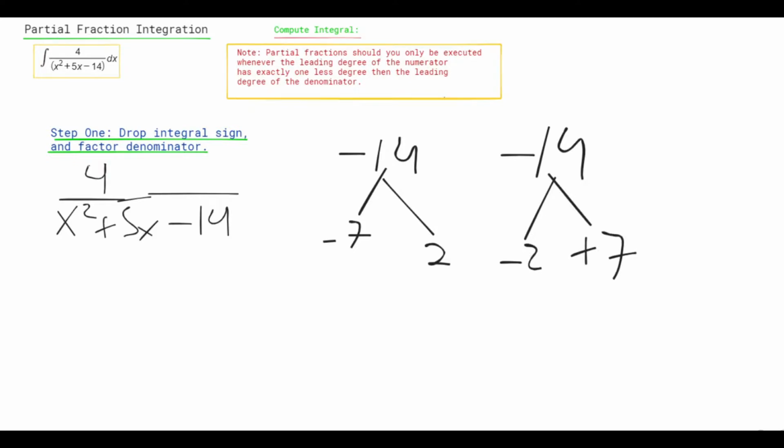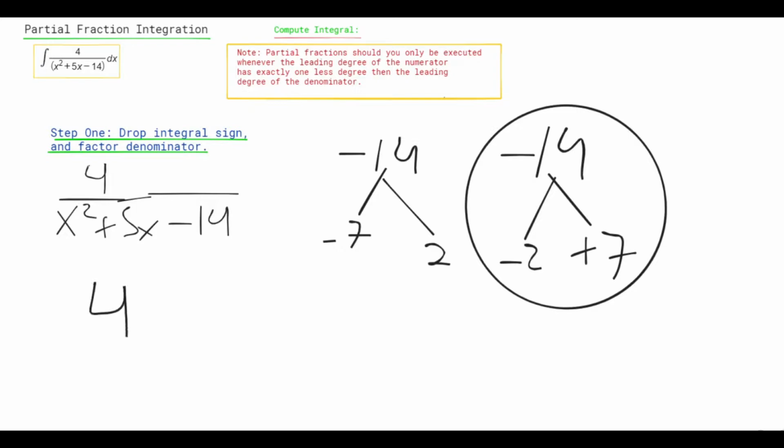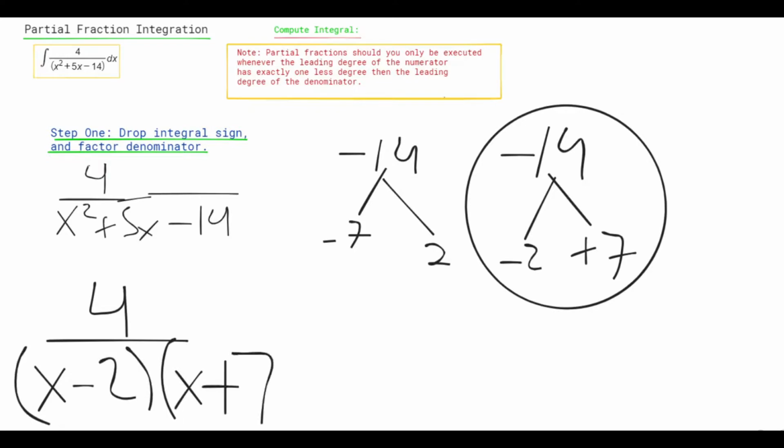In this case we want it to add up to 5, so we pick this one right here. So now we can rewrite this as 4 divided by (x minus 2)(x plus 7). So that's step 1.